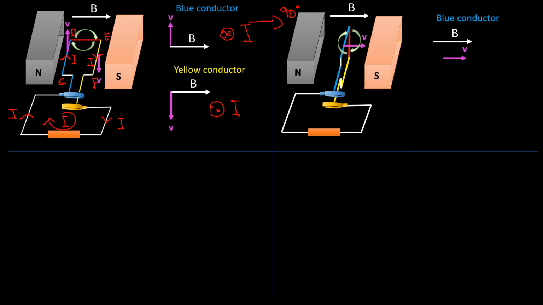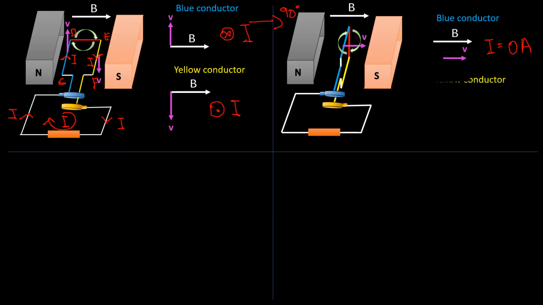So at this position there happens to be no cutting of any magnetic flux. If there's no cutting of magnetic flux, here I is 0. No induced current is flowing through the coil.